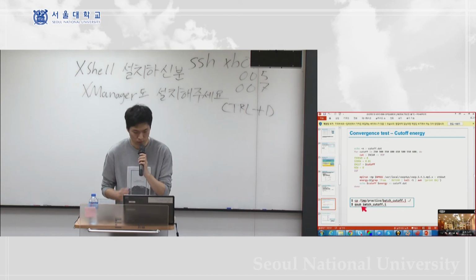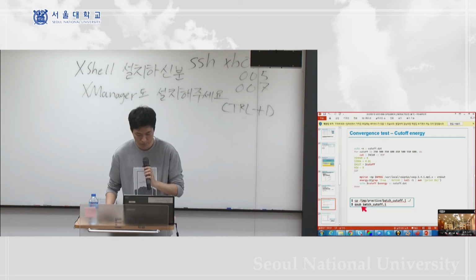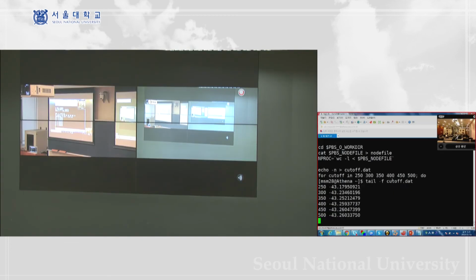So let's do some convergence test. Calculation takes some time, but the result looks like this. At cutoff energy of 250 electron volt, the energy is this, and at 300 electron volt, the energy is this.